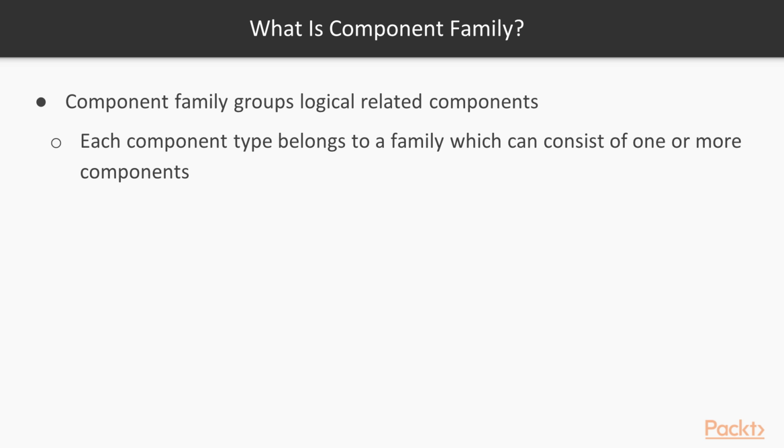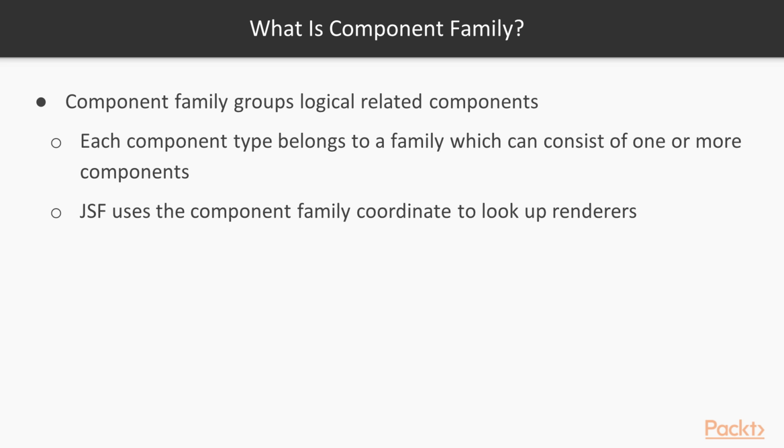Now, each component or component type belongs to a family, which can consist of one or more components that are usually logically related. This family is a string as well, and it is accessible via the component family coordinate.